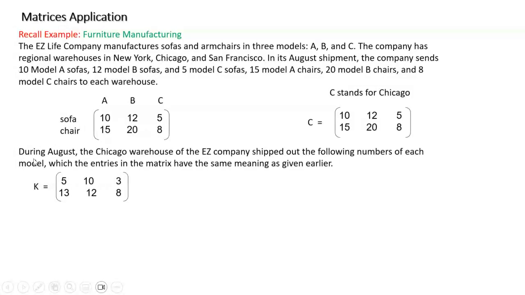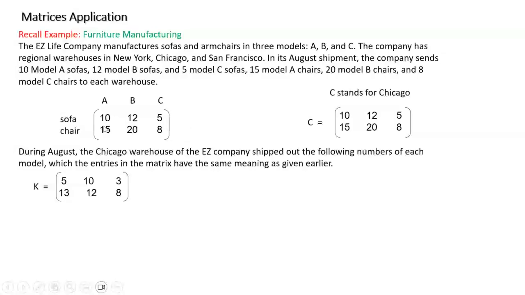Let me read from the beginning. The Easy Life company manufactures sofas and armchairs in 3 models: models A, B, and C. The company has regional warehouses in New York, Chicago, and San Francisco. In this August shipment, the company sends 10 model A sofas, 12 model B sofas, and 5 model C sofas, which is a 10, 12, and 5.